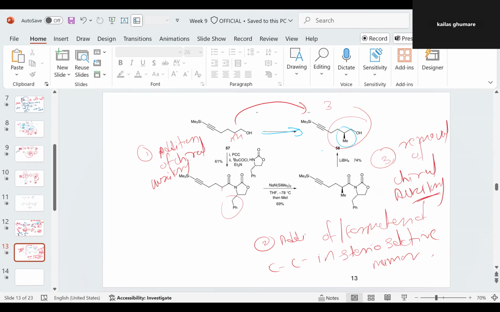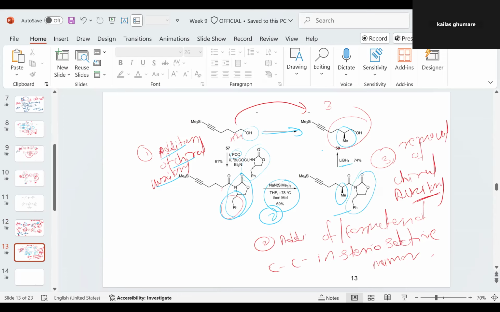So how many steps are involved? The first step was the addition of the chiral auxiliary. We have added the chiral auxiliary across this bond, so first we have to do the oxidation followed by the addition of the chiral auxiliary. Once we have added the chiral auxiliary, we perform our reaction in a stereochemically controlled manner, which is driven by the stereochemistry of the chiral auxiliary, right? That's the second step. Further, once we get the stereochemically controlled bond formation, it's time to remove our chiral auxiliary.